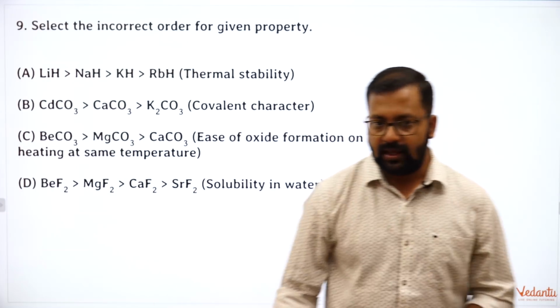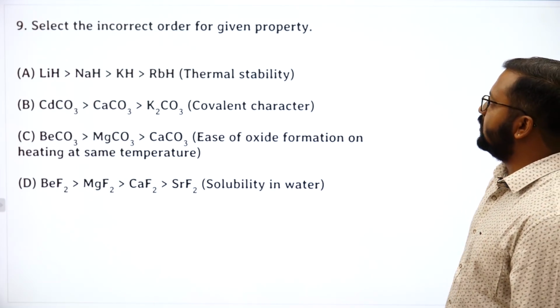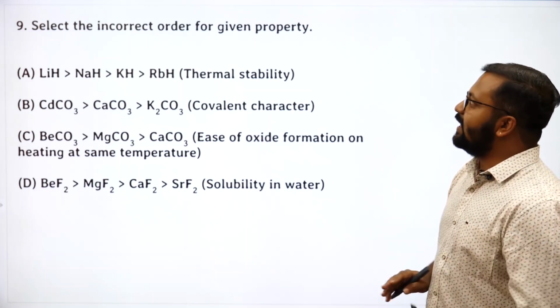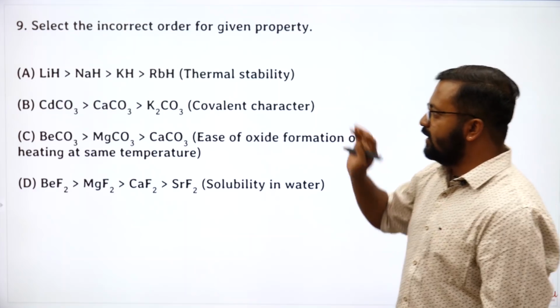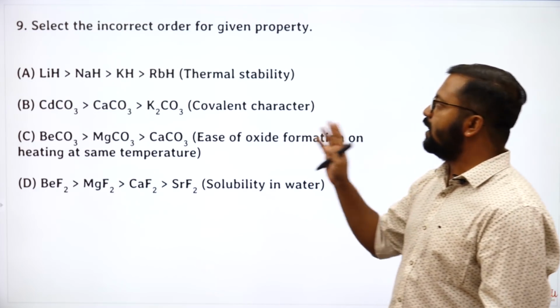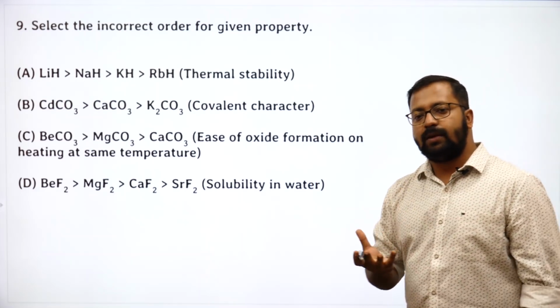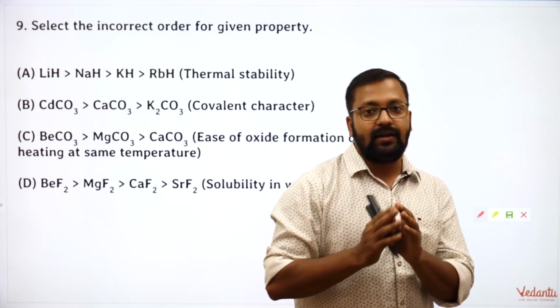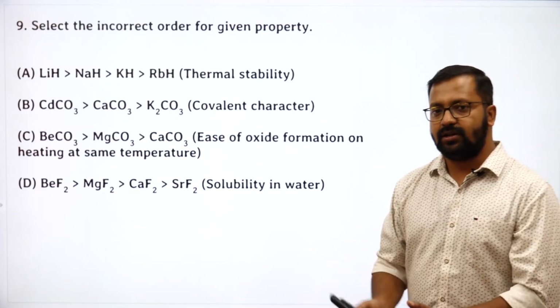The next question is this. Select the incorrect order for the given property. Lithium hydride, sodium hydride, potassium hydride, rubidium hydride. We have to state the thermal stability. The thermal stability order depends on whether there is a high degree of lattice energy or not.